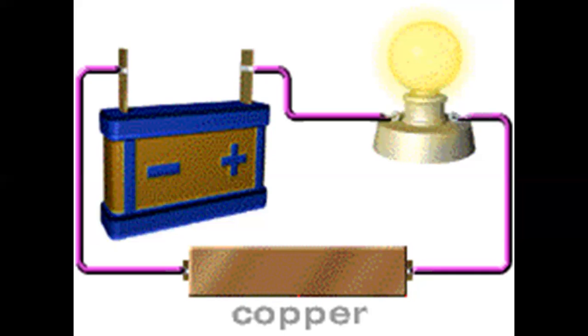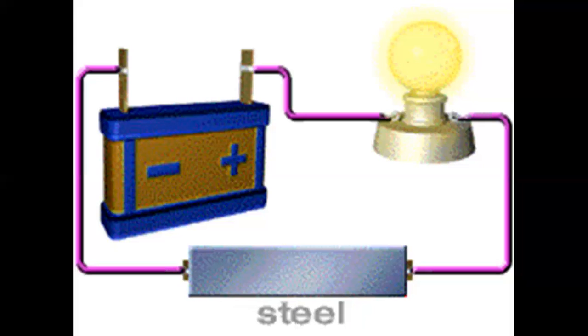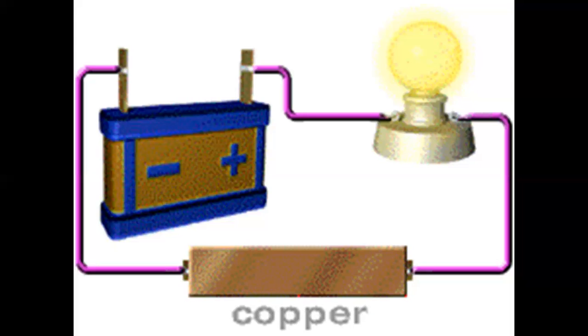If any kind of material cannot carry electric current, that is, electrons, that is called a non-conductor. By this definition, we can say that wood cannot carry electrons, that is electricity. That's why wood is a non-conductor and glass is a non-conductor, but copper and steel carry electricity inside their body. So copper and steel are also conductors.